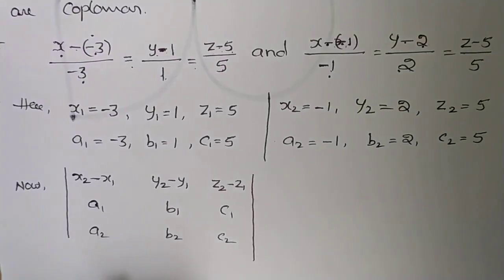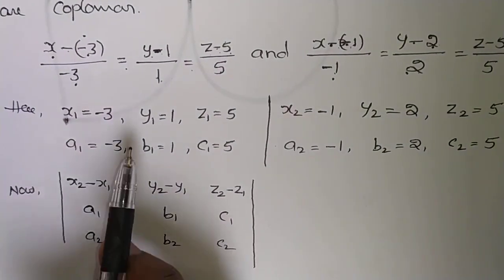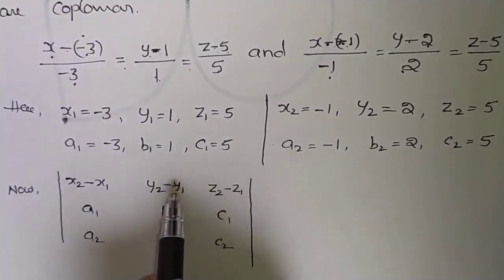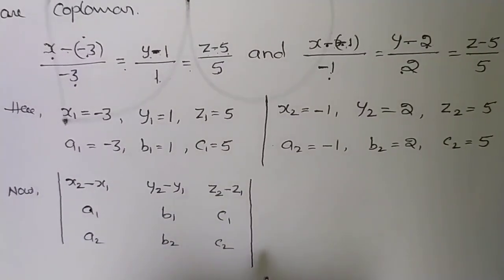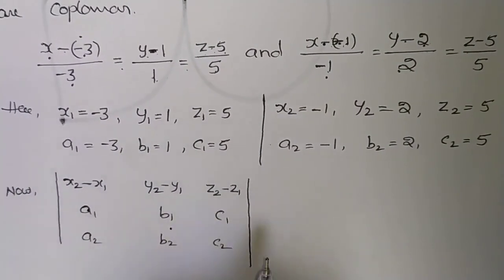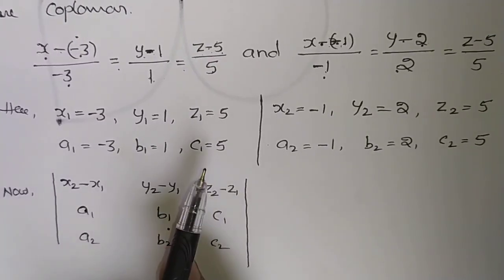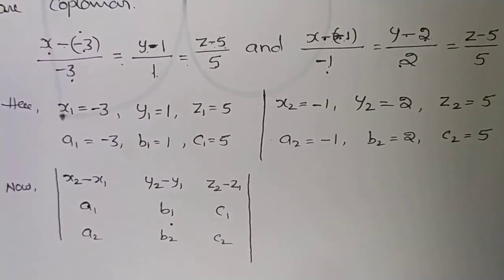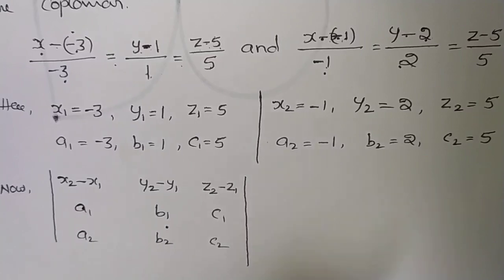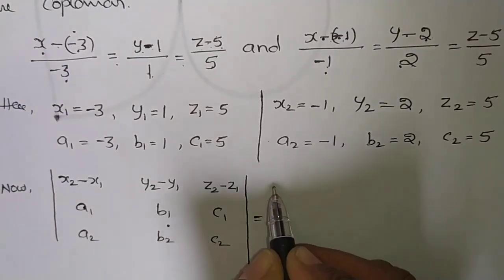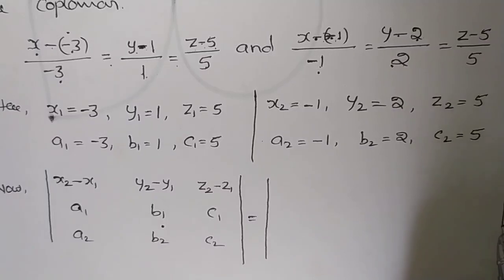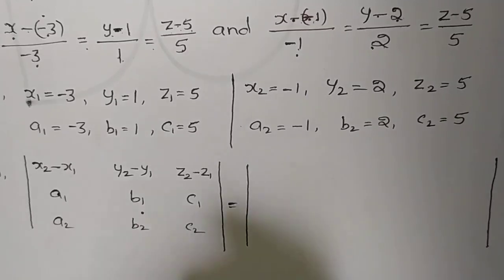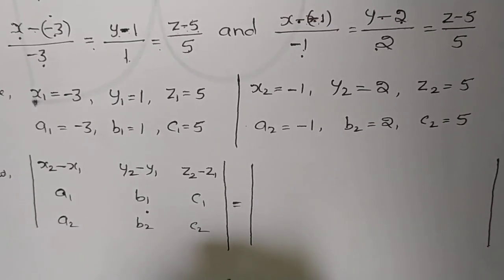We have to prove that the given two lines are coplanar. The coplanar condition is that this determinant value should be equal to 0. If it equals 0, we can say the given two lines are coplanar, otherwise the lines are not coplanar. Now substitute the values of x1, y1, z1, x2, y2, z2, a1, b1, c1, and a2, b2, c2.